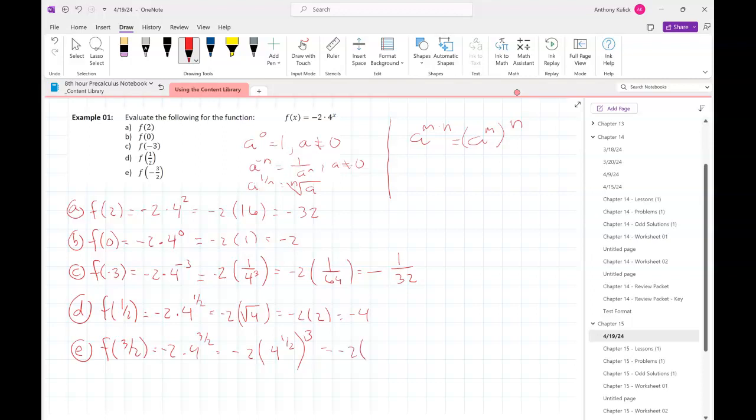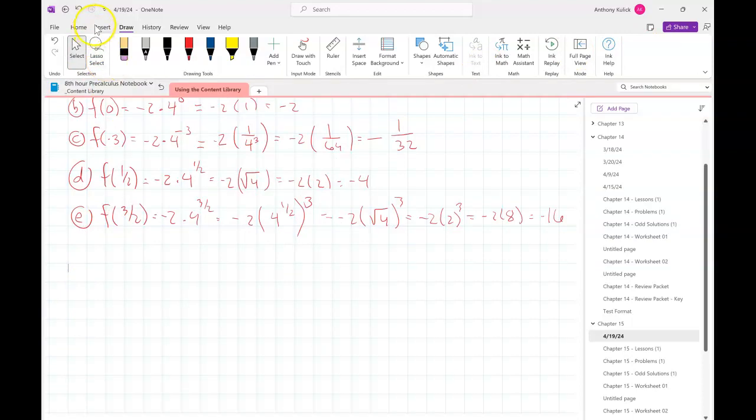Now 4 to the 1/2 is just the square root of 4. The square root of 4 is 2. 2 to the third is 8. And negative 2 times 8 is negative 16. Question so far? Okay.